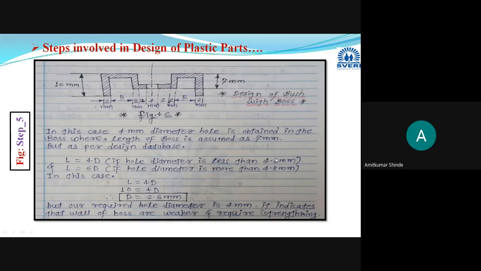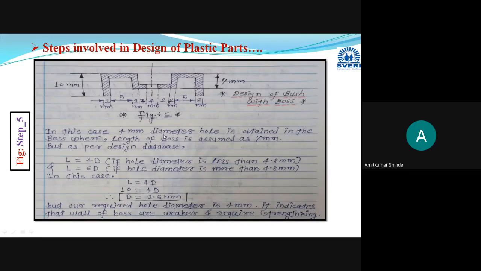Whenever the diameter of the hole is less than 4.8 millimeter, its length is 4 times the diameter. If the diameter of the hole is greater than 4.8 millimeter, then the length or height of that hole is 6 times the diameter.